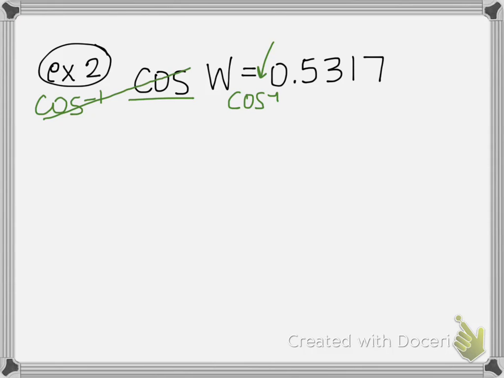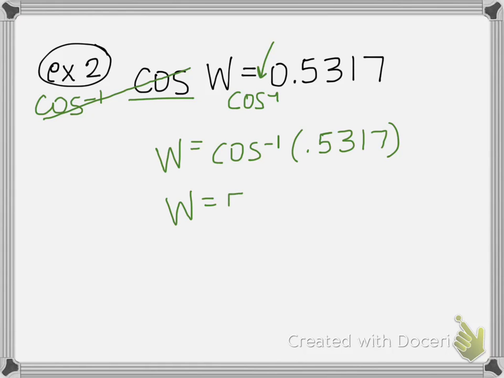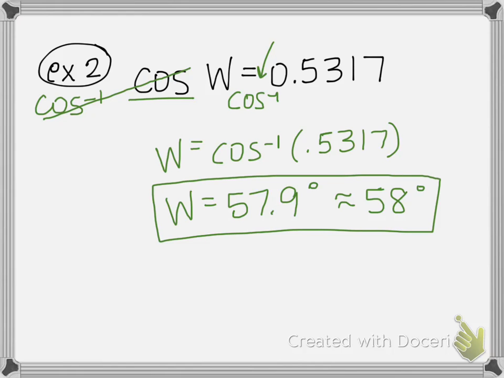So this part cancels out, and W equals cosine inverse of 0.5317. Again, you put that right into your calculator and you find that W is 57.9 degrees. And if it allows you to round up, 58 degrees.